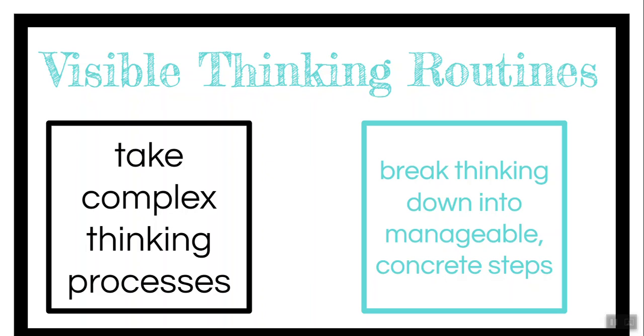So visible thinking routines, what they are in essence, is they take complex thinking processes and they break that thinking down into manageable concrete steps. And the idea is if we're doing a routine, we're practicing it multiple times so that students begin to own that process. It's really training their brain to be able to engage in that complex thinking.